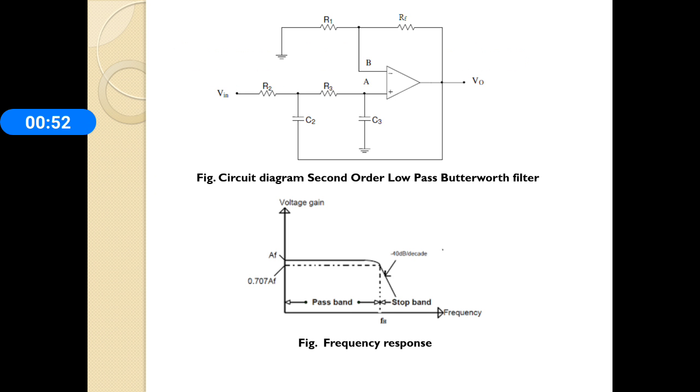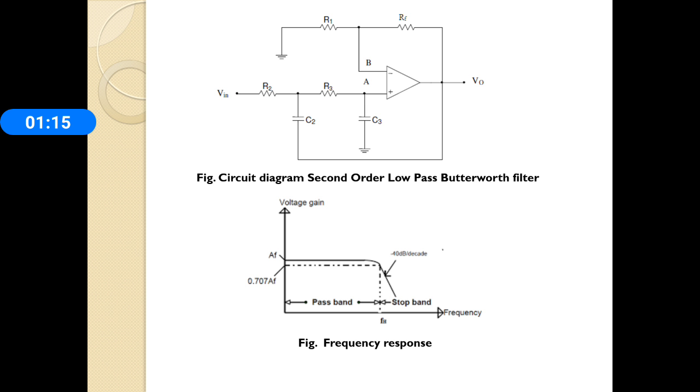The first order filter can be converted to a second order filter by using an additional RC network. As shown in this figure, we can observe the pair of RC networks. The second order low pass filter has two RC networks, R2C2 and R3C3, which give the filter its frequency response properties.